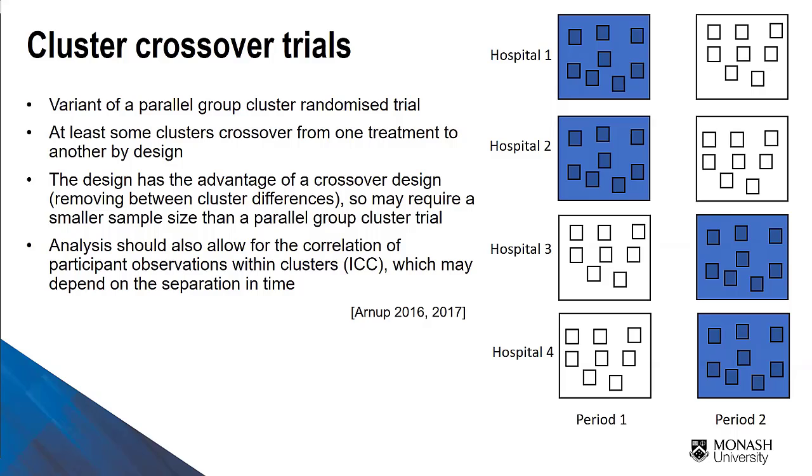So that's a very beneficial aspect of this design. The analysis needs to allow for the correlation of participant observations within clusters, but this may depend on the separation of time. And so there are specific analysis methods that are needed for this particular design. We also need to consider specific risk of bias issues with this design, which I'm not going to go into here.